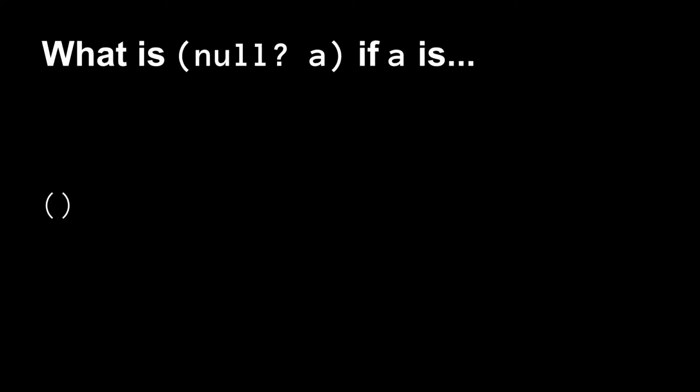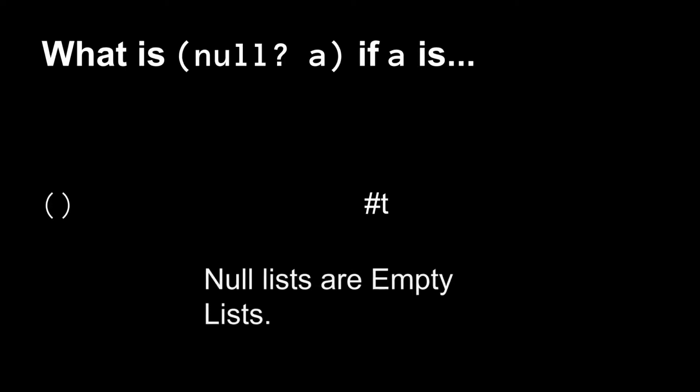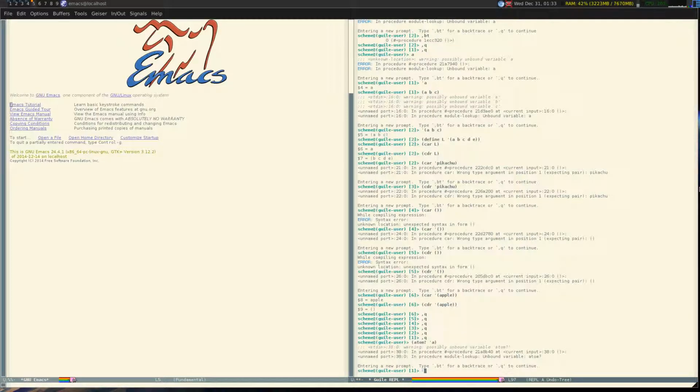So if you ask the question null of A, what is it if A is an empty list? Well, it's true. Meaning, all null lists are empty lists. And we can check that here.